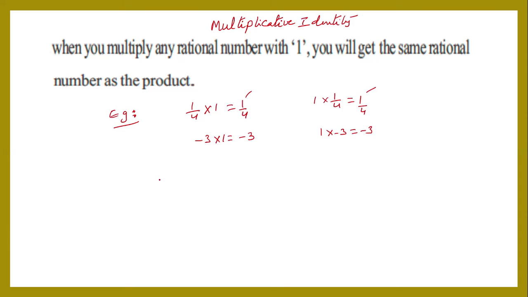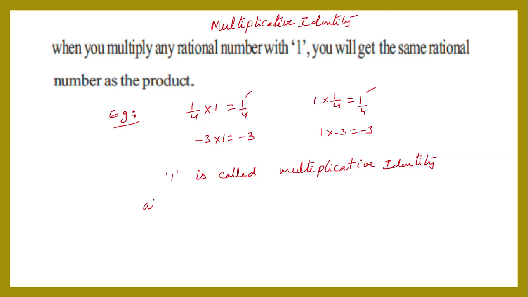Hence here 1 is called multiplicative identity. Zero is called additive identity and 1 is called multiplicative identity.